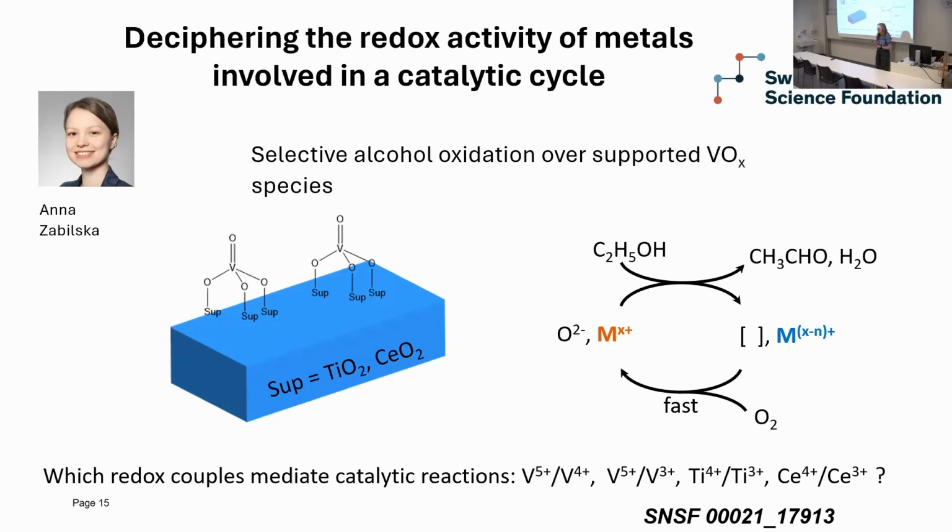These are very famous catalysts for selective oxidation in many kinds of reactions. Ethanol was chosen as an example where we could easily set up the catalytic conditions and follow with spectroscopy, but it can also be done under different conditions.